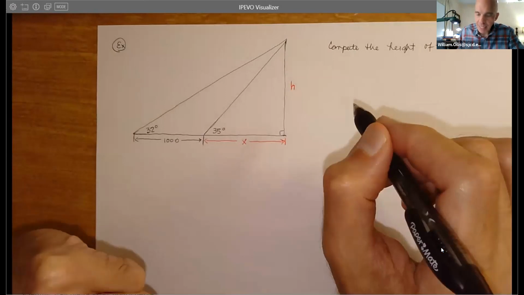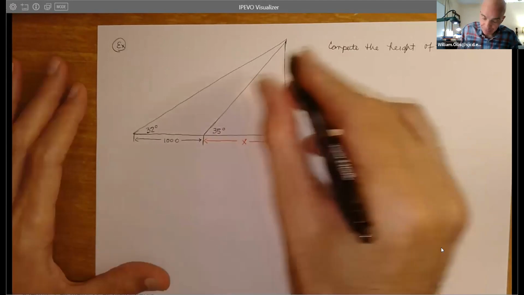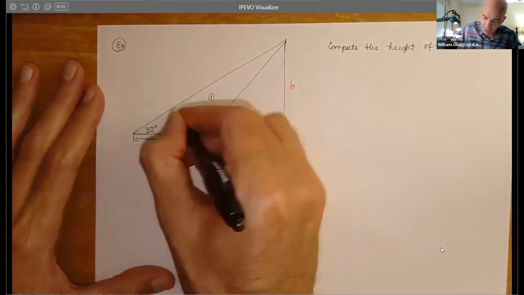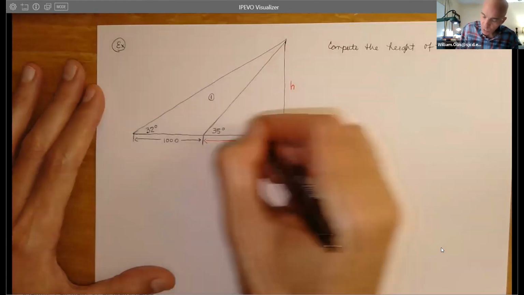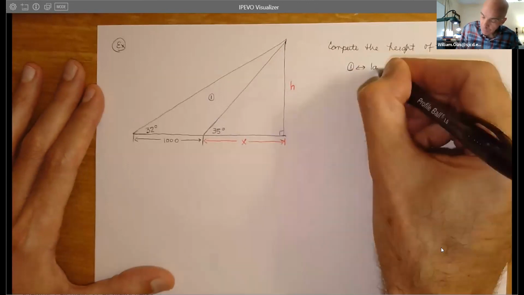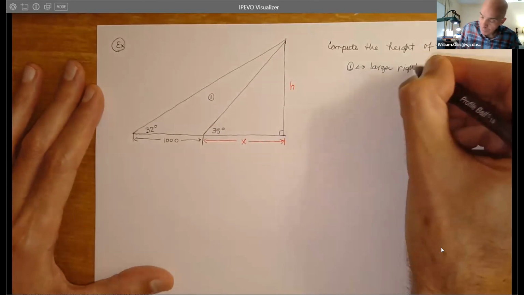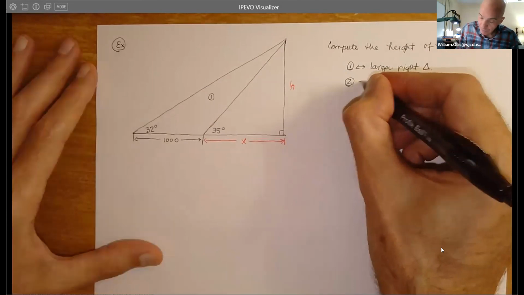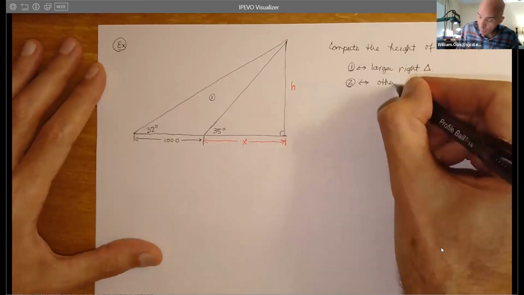Now, the idea here is that we can say triangle one, meaning not the obtuse triangle, but the larger right triangle. So we'll say one corresponds to the larger right triangle, and two will just be the other right triangle.